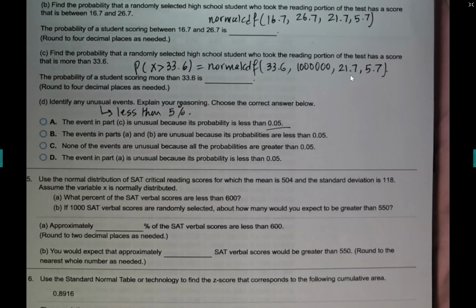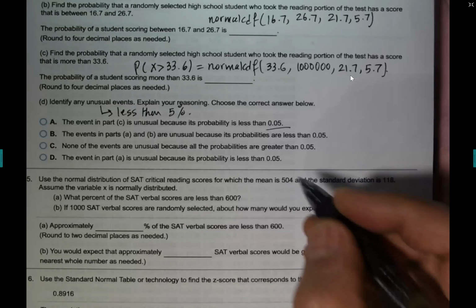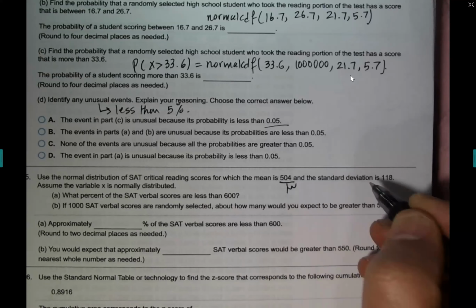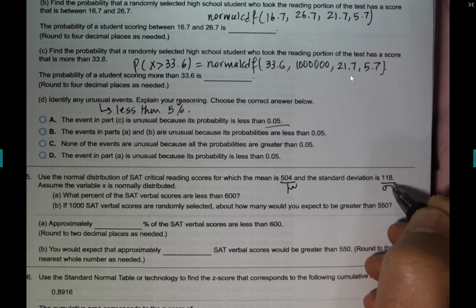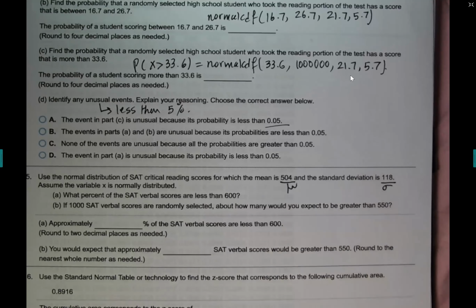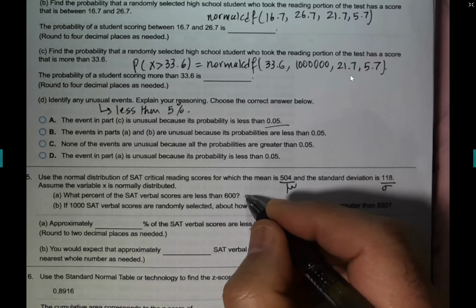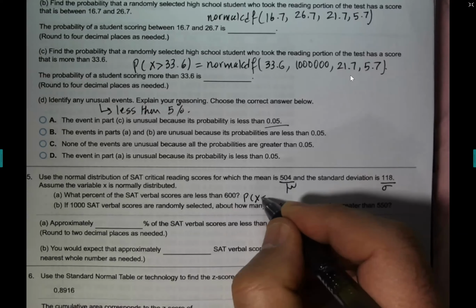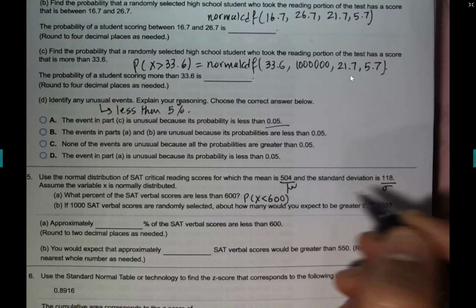Use a normal distribution of SAT critical reading scores for which the mean is 504. That's the mean. And the standard deviation is 118. What percent of the SAT scores are less than 600? So he wants a probability of X less than 600, guys. Percent means the probability.